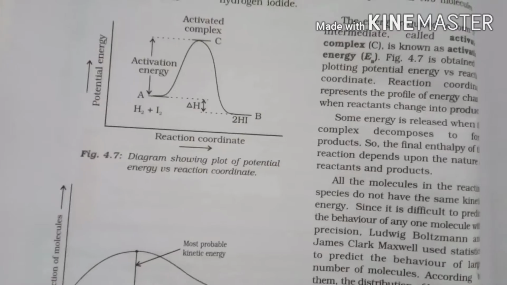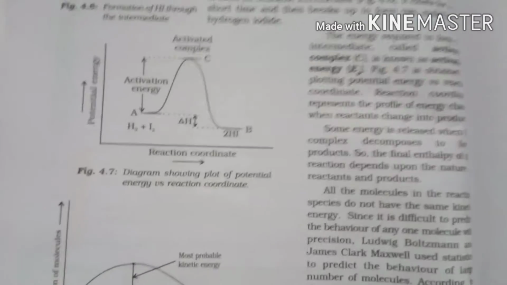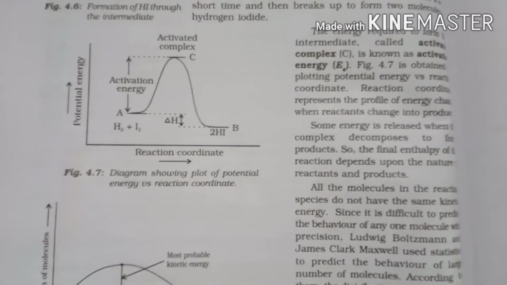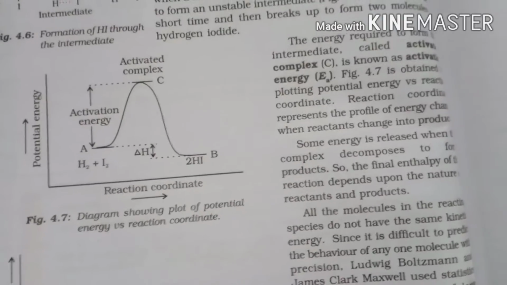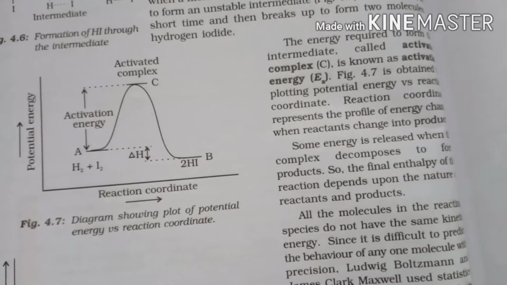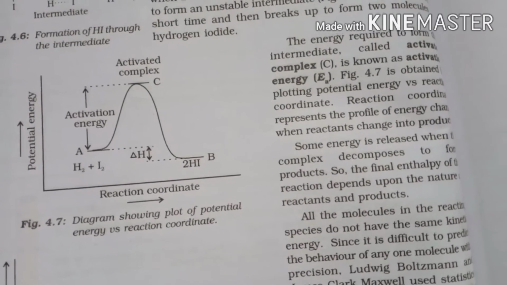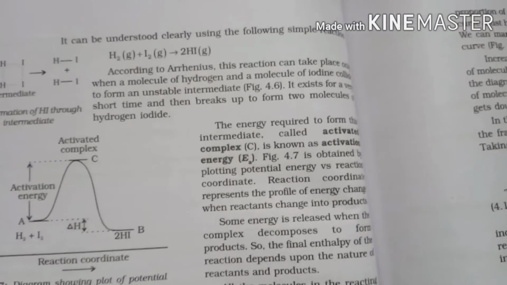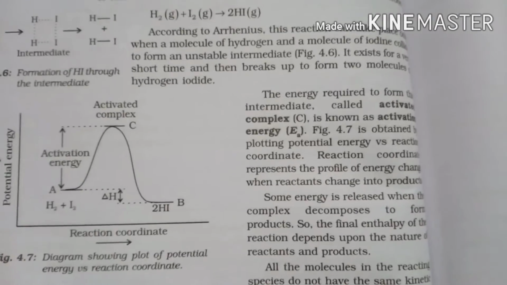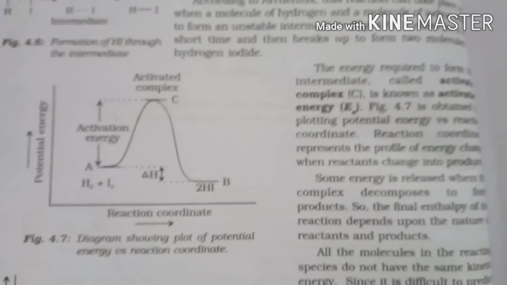Now let us see about the activation energy complexes and their graphs. Some energy is released when the complex decomposes to form the products. So the final enthalpy of these reactions depends upon the nature of the reactants and products.